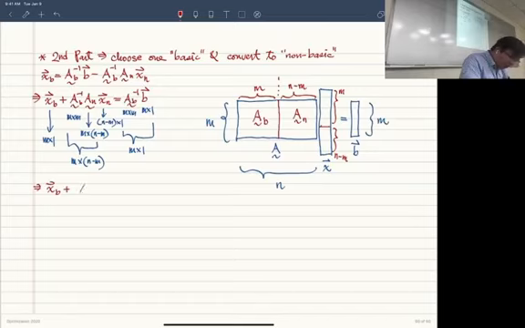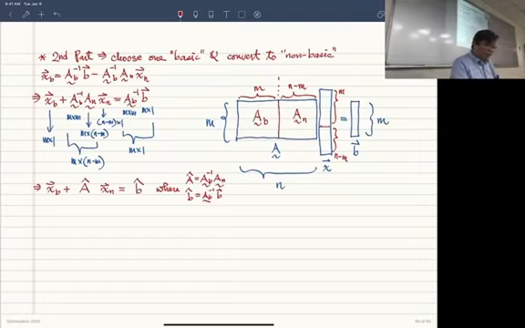Let's call this capital A hat, and let's call this B hat. So over here, A hat equals AB inverse A, and B hat equals AB inverse B. Okay, just to simplify the equation and make it nicer.